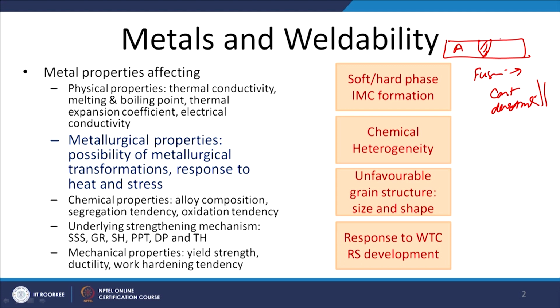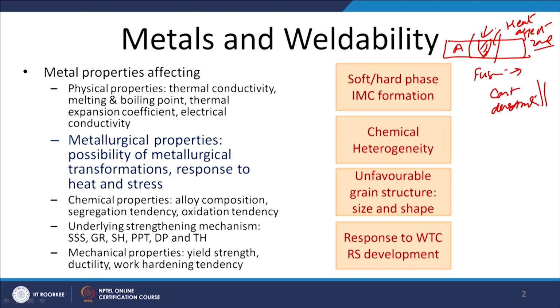But apart from that, there will also be a formation of the heat affected zone due to the dissipation of heat from the weld pool. So, heat affected zone formation. These are the two integral parts of any fusion welding process, where one weld metal will be formed and one heat affected zone will be formed.